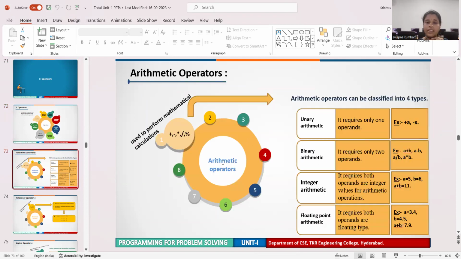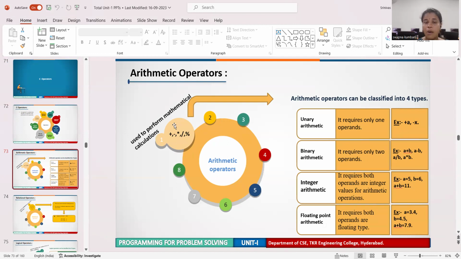These are the various arithmetic operations available in the C language. Arithmetic operations are the basic addition, subtraction, multiplication, and division, used to perform mathematical calculations.